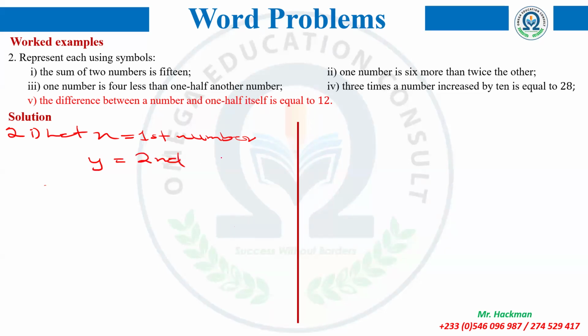So don't write yet, those of you who would want to write. In any case, I will give you the PowerPoint, the PDF version of that. So this is the case. It means indirectly, we are told that the sum of these two numbers should give us what? 15. So I can say that this implies that my first number, which is x, plus my second number, which is y, should be equal to 15. Is that clear?